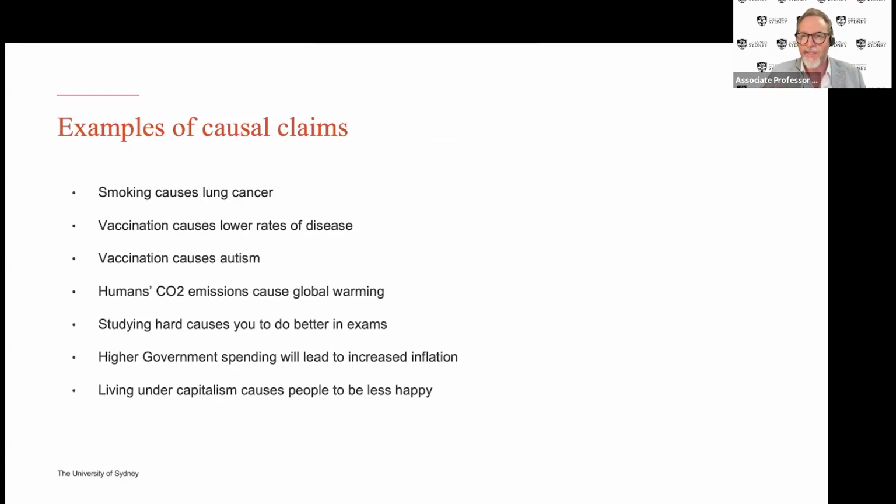Okay, so these causal claims crop up in lots of different areas in our lives, and you can see why we would want to be able to figure out which causal claims are true and which are false, which ones get at reality, which ones we can rely on as we're trying to predict what will happen next and often control what will happen next.